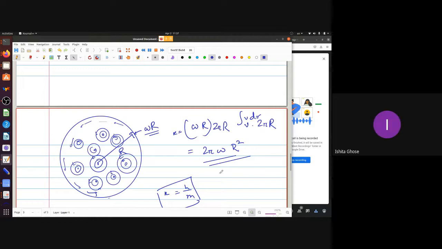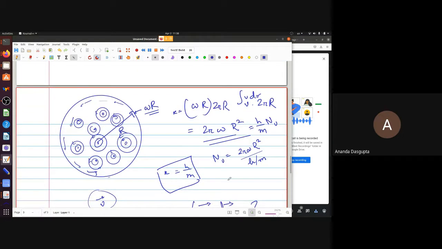In fact, easily, by assuming that the vortex is only excited to its lowest degree, that is kappa is exactly h by m and not a multiple, you can get the number of vortices from here. So the larger the cylindrical cross section, the larger the number, so you end up with N_V equal to 2 pi omega r squared by h by m, right?